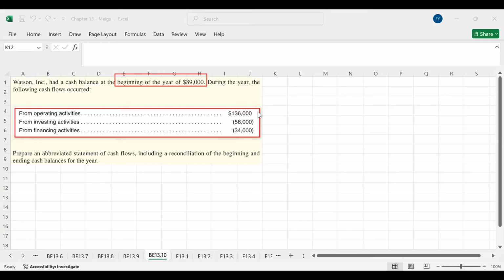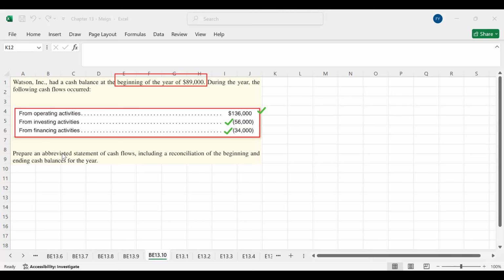Operating activities, positive means from the operating activities, cash is increasing or cash is provided by operating activities. Whereas from investing and financing activities, you can see that in both cases, cash is negative or in minus. So you can say that the cash is used by both of the activities. So, you can say we are going to deduct or subtract these cash from the cash flow statement.